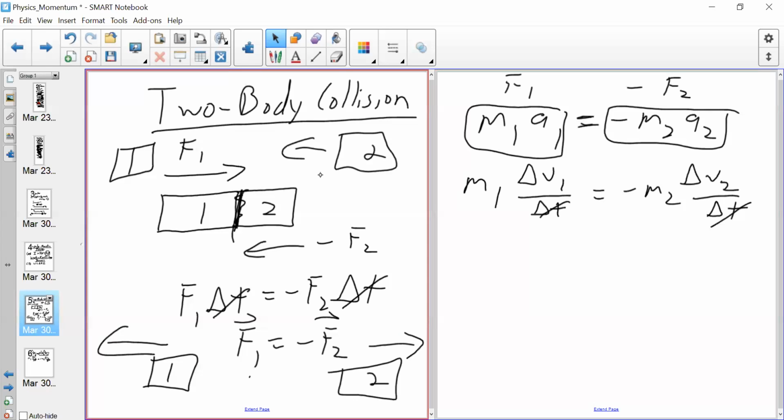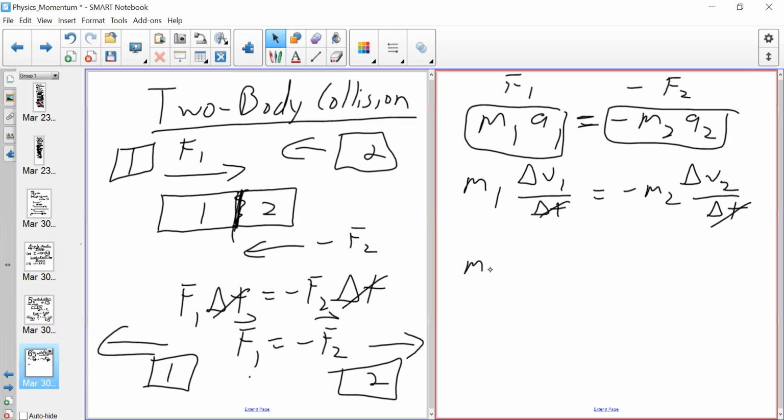Wherever they weren't going at first, the direction that the other was going first, they're now going to go in that direction, sort of thing. So F1 was going right, now going left. F2 was going left, now going right.